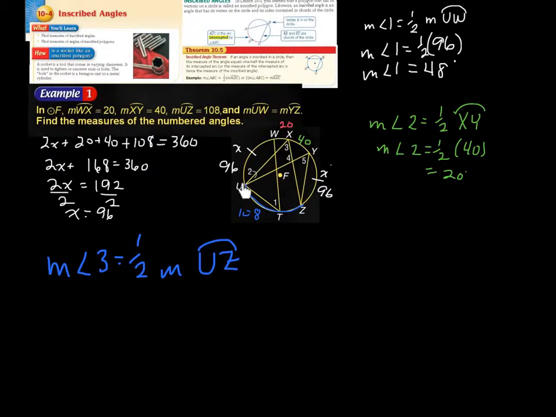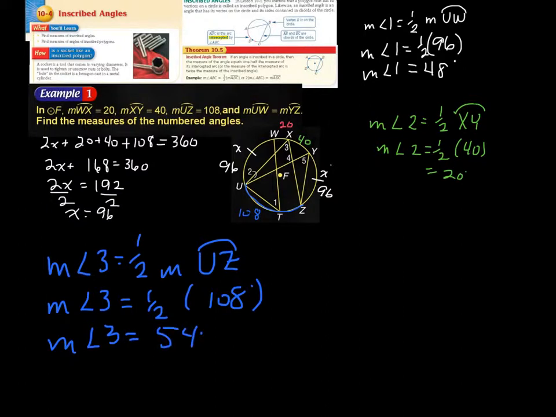Angle 3 is inscribed in arc UZ, so we need 1/2 of 108, they told us UZ was 108. So 1/2 of 108 would be 54. And we're in degrees.